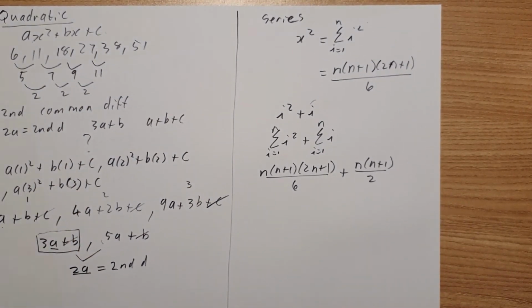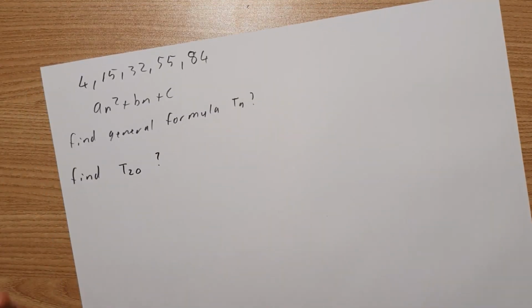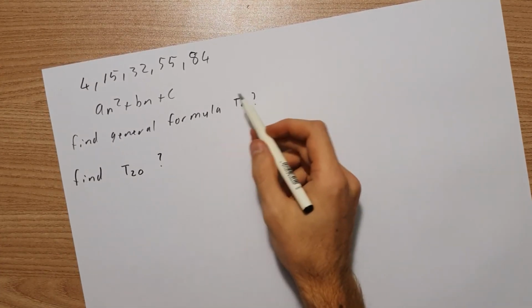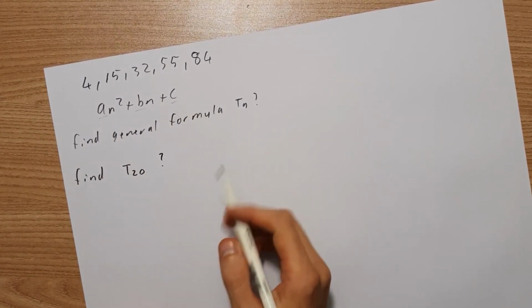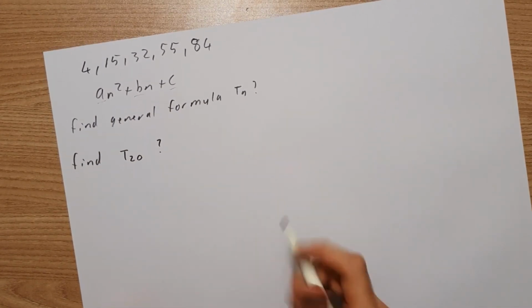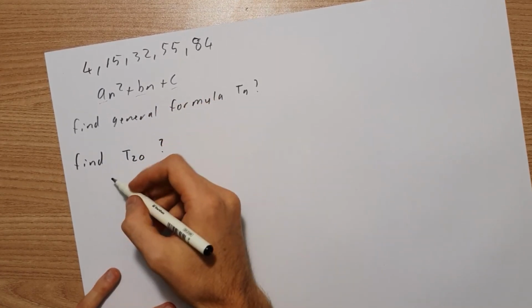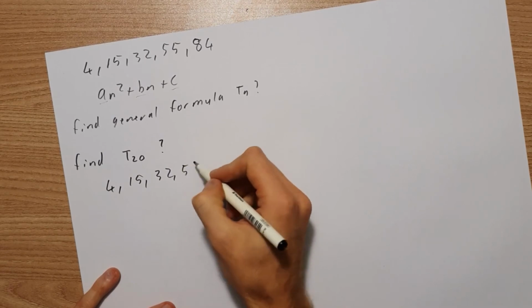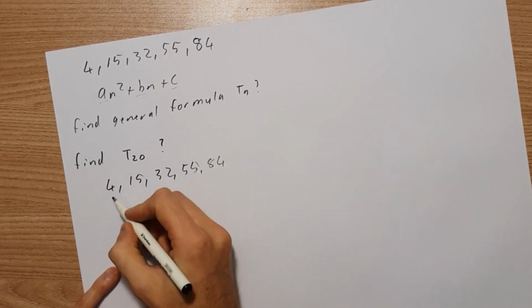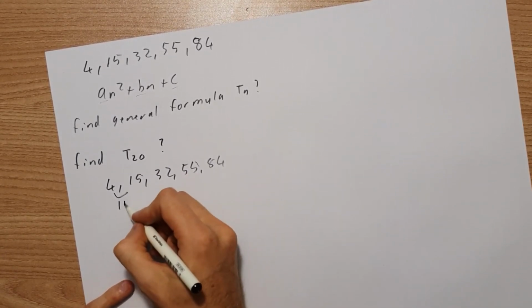So just a basic example for your quadratic formula. We want to find the general term Tn in this form here, which means we need to find a, b, and c, and then we want to find T of 20. So we can see that we have 4, 15, 32, 55, 84. The difference between that is 11.